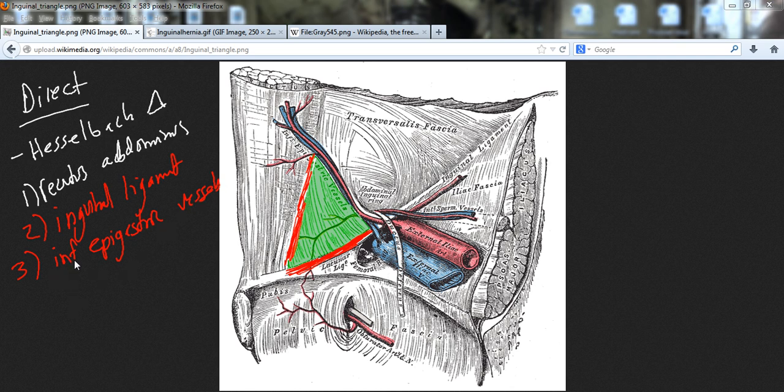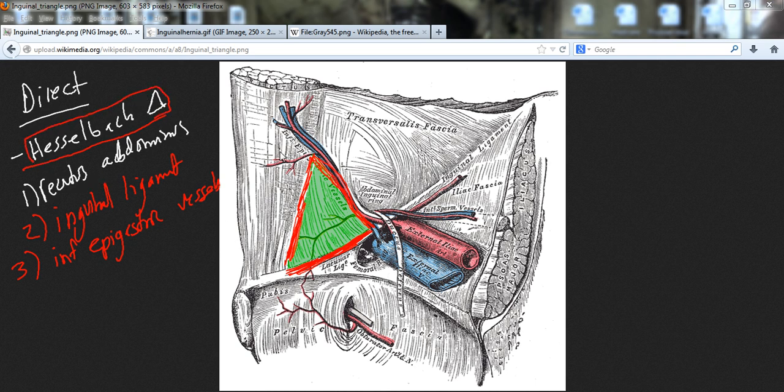Now, let's think about this really quick. Our inferior epigastric vessels will be right here. So that's going to give rise to our third set of borders, thus creating Hesselbach's triangle. Hesselbach is the guy who found this triangle, or at least named it.